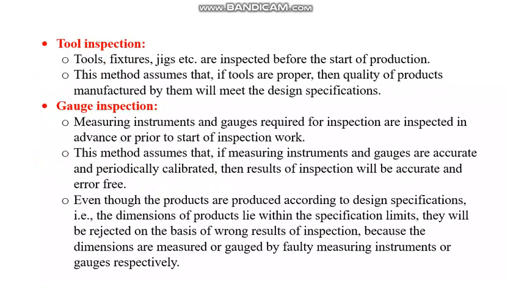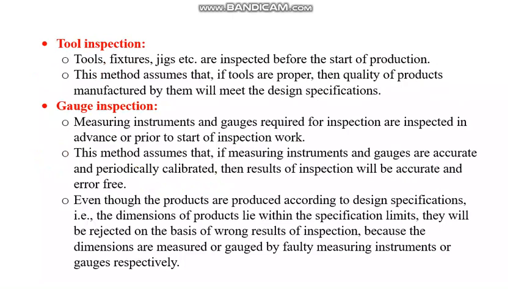Now, tool inspection and gauge inspection. Let us see what they are. Tools, fixtures, jigs, etc., are inspected before the start of production, whether they are proper.